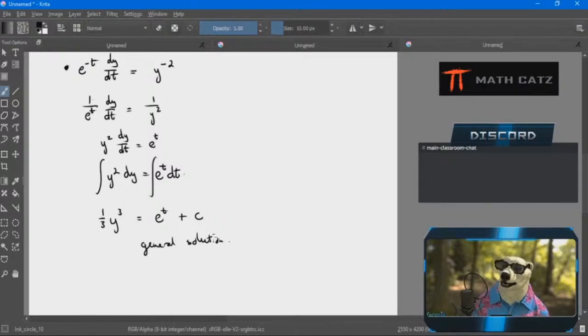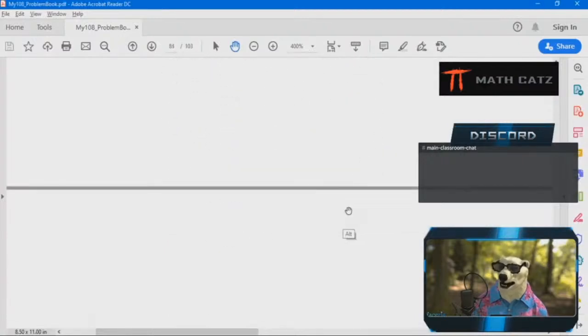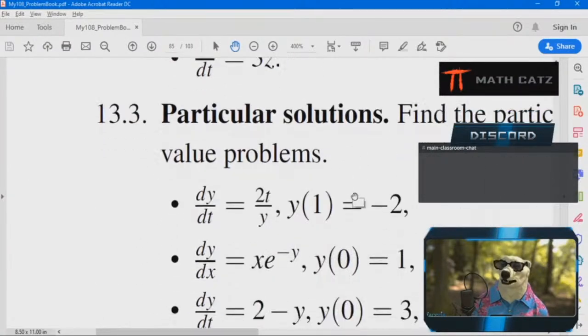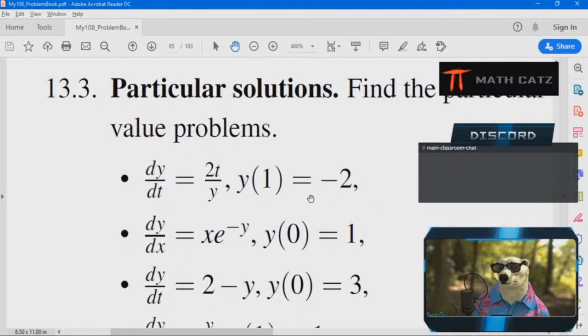So let's go over to our particular solution group of questions. But we'll see once we have the general solution, the rest is really a formality to find the constant involved.